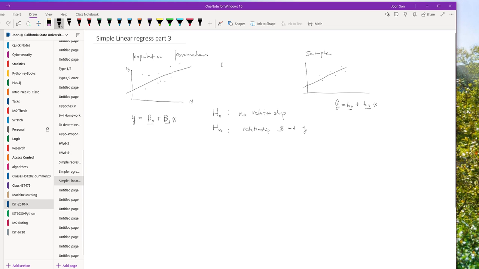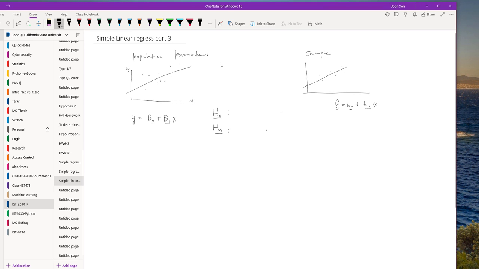Okay, so if I just rewrite this null and alternative hypothesis, by the way, you should know that the null and alternative hypotheses are all about what? They are all about population parameters. They are never about the sample parameters.